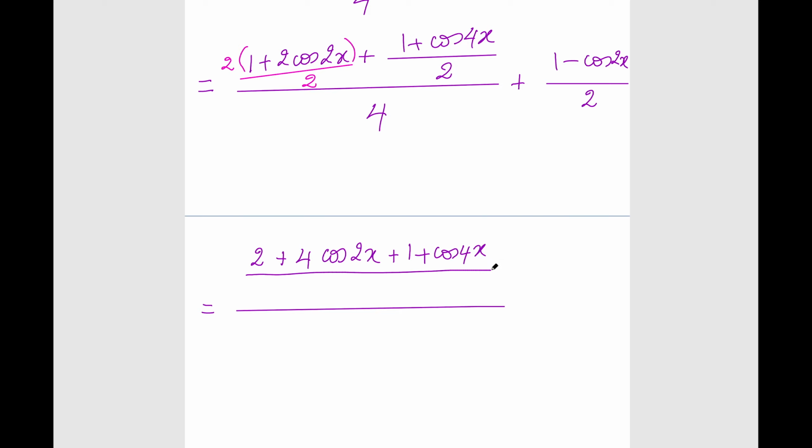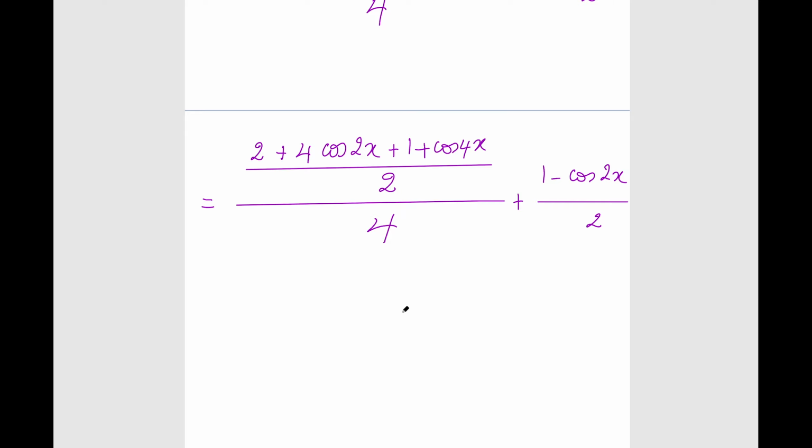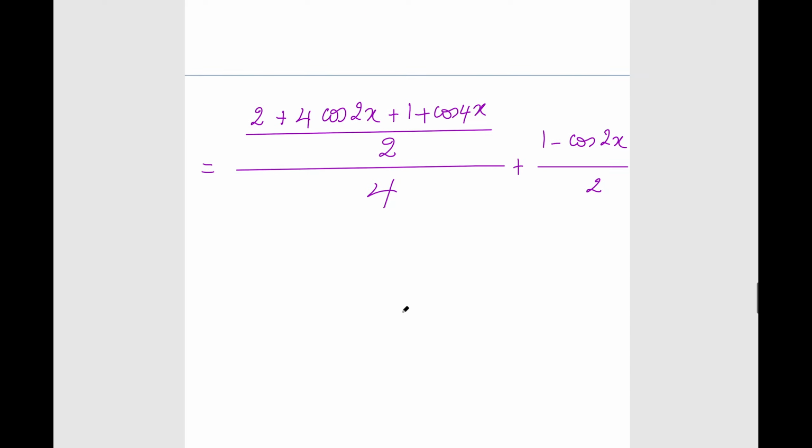And this whole thing upstairs is divided by 2, and this whole thing now is divided by 4, plus this quotient, 1 minus cosine of 2x over 2. Again, we're just doing aesthetic work at this point, just to make it look better.